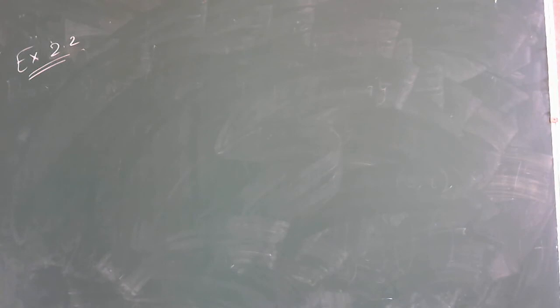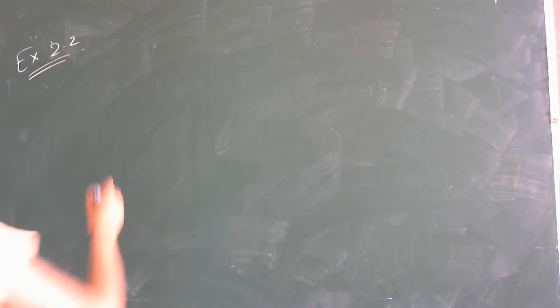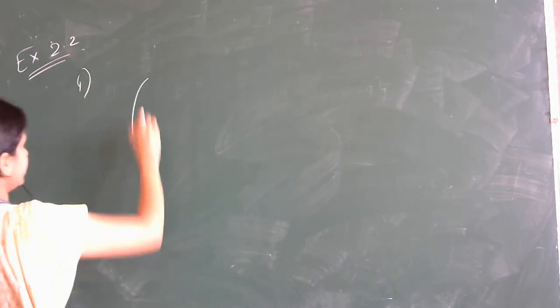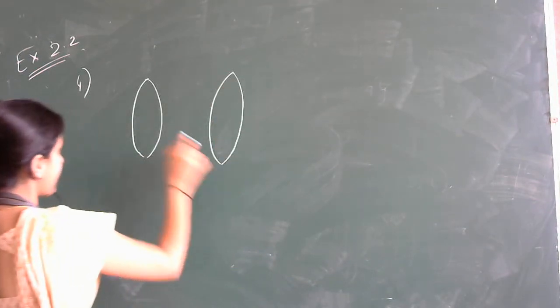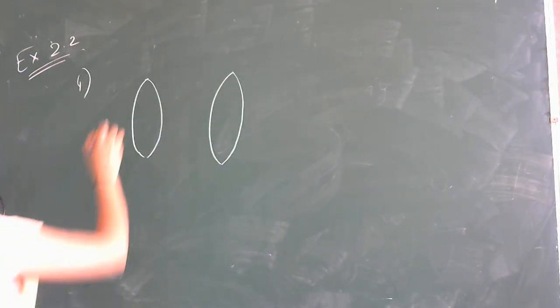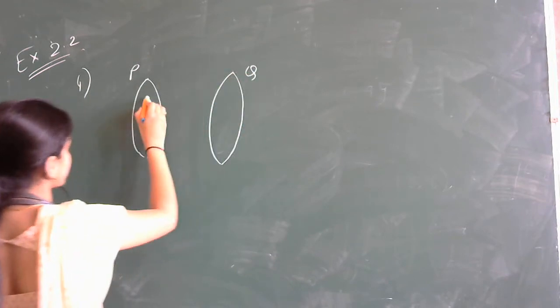Fourth question says the figure 2.7 shows a relationship between the sets P and Q. Write this relation, first one in set builder form and second one in roster form. Okay. So in the fourth question, they have represented the relation in which form, students? It is in an arrow diagram, right? Here we have the two sets.